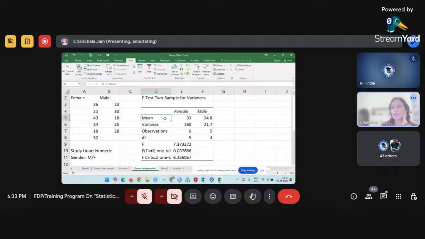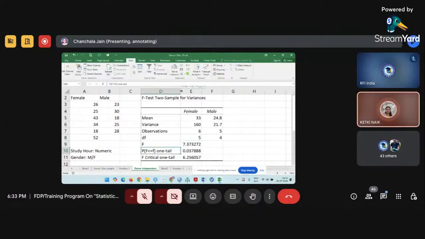The mean study hours is 33 for the female and 24.8 for the male. Variance is 160 for the female and 21.7 for the male. Observations are 6 in case of female, 5 in case of male. These are the degrees of freedom. Now the F value we are getting is 7.37.